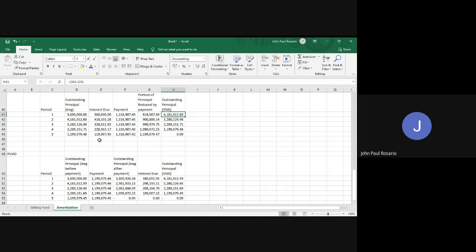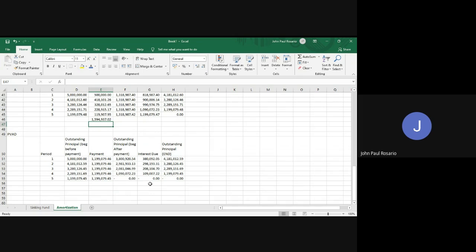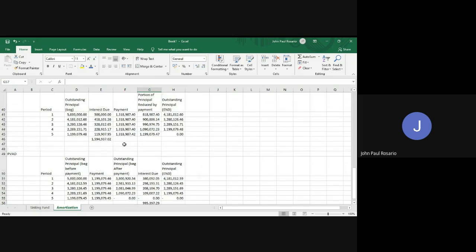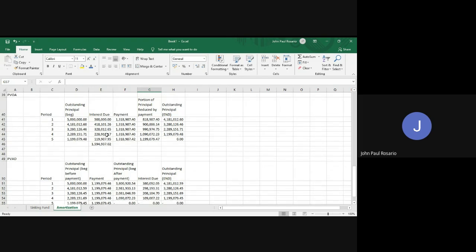Now, however, your interest due, which is your interest expense, for ordinary annuity is actually greater as compared to when it's annuity due. Because your interest due for ordinary annuity, you'll be paying for 5 years.